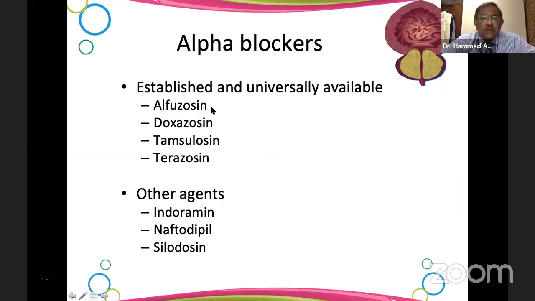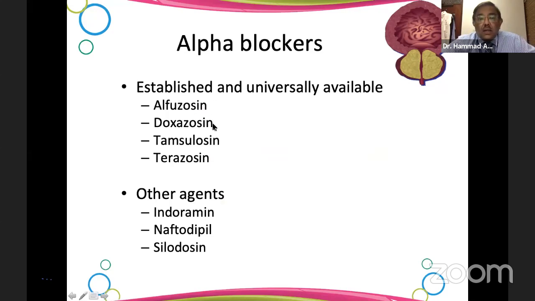So what we have is alfuzosin. Alfuzosin is not an alpha-1A receptor selective drug, but it is a functionally selective drug. Research has shown that it predominantly works on the prostate, but it does not selectively block alpha-1A receptors, but somehow it works.